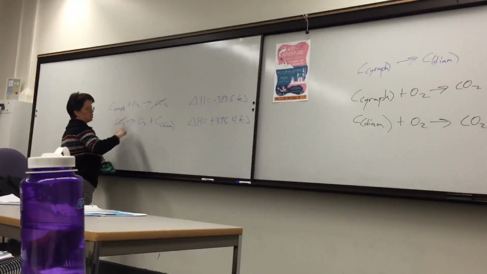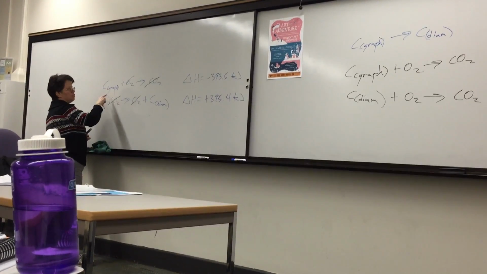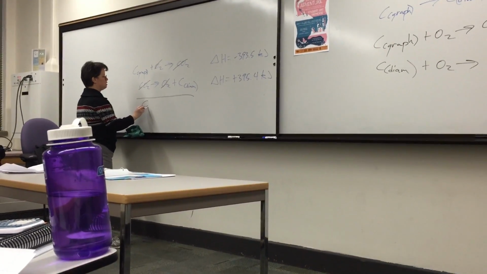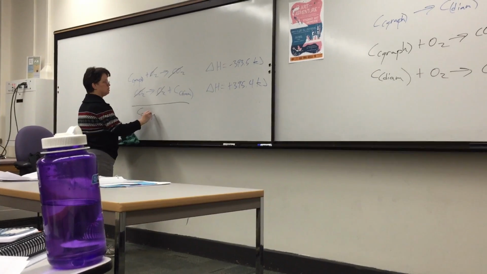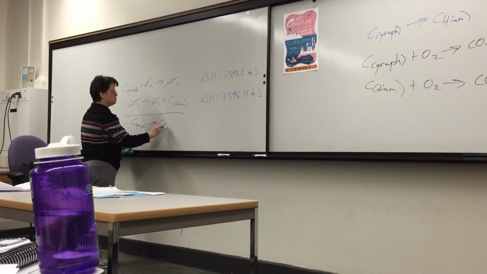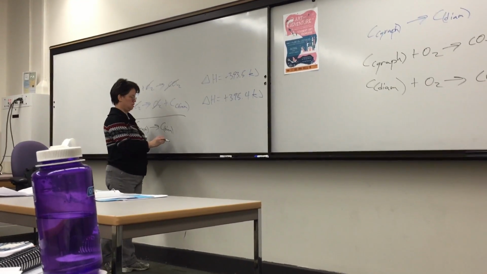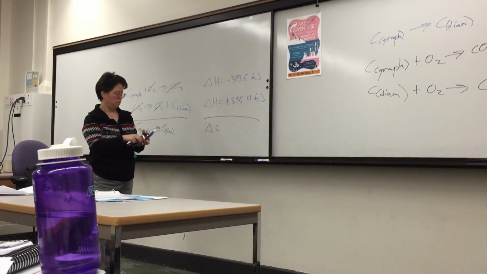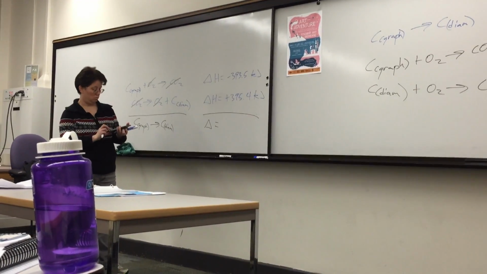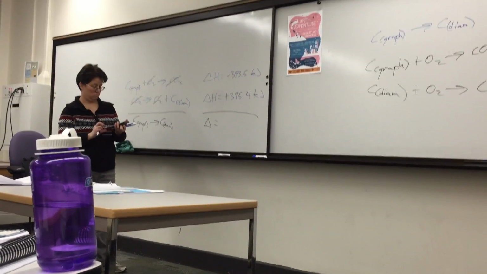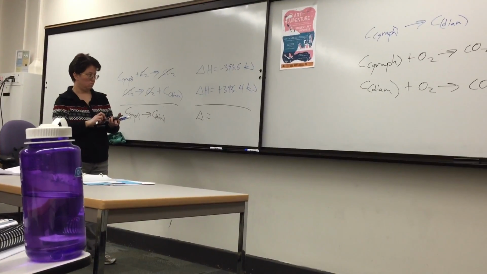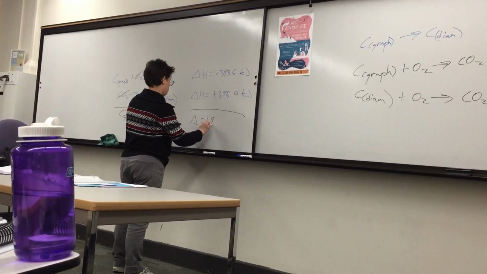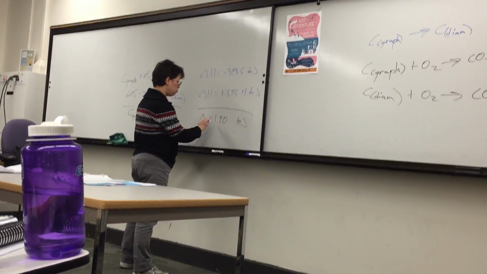So carbon dioxide cancels, oxygen cancels, leaving graphite going to diamond, right? And our delta H is positive this time, right?